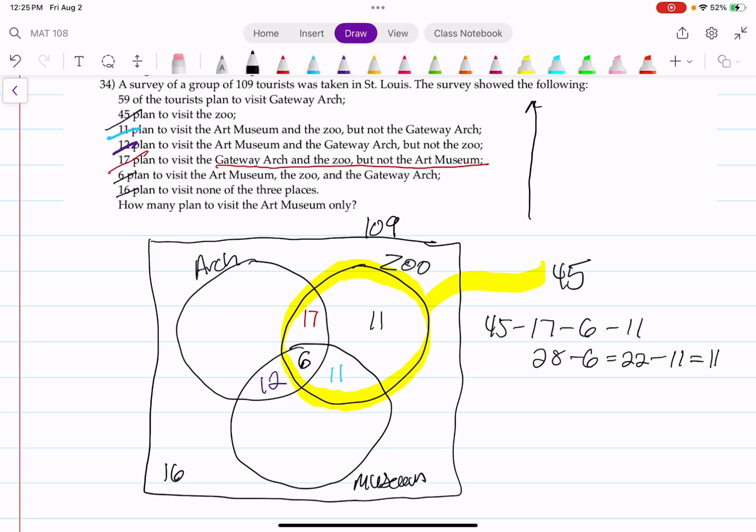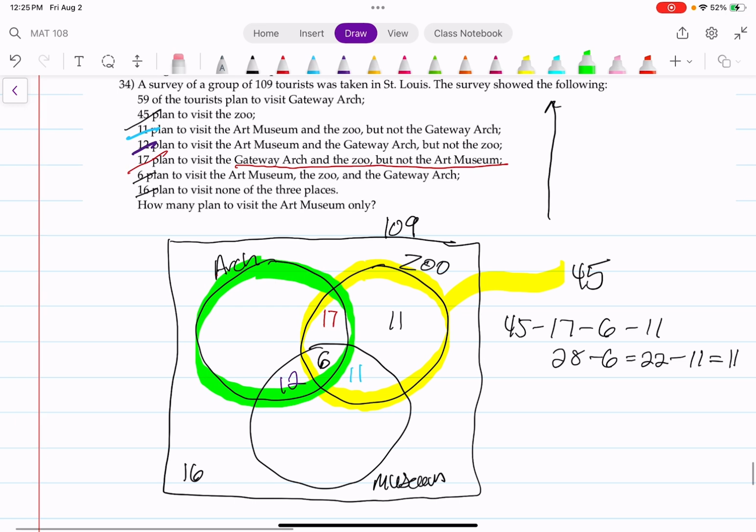59 of the tourists plan to visit the Gateway Arch. So we're going to circle that entire set. And that's going to equal 59. Basically, you can subtract these three numbers from 59. But in this case, I'm going to add them up, then subtract.